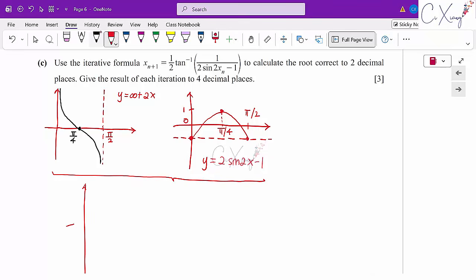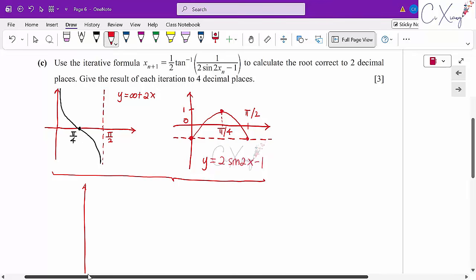Let me try to draw it out first. So what I have here is the line y equals negative 1.